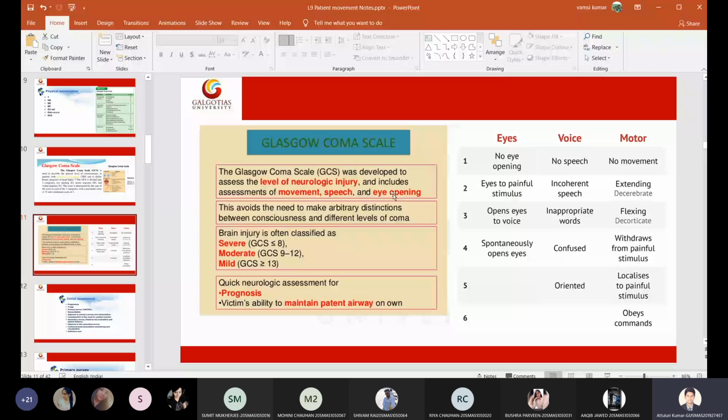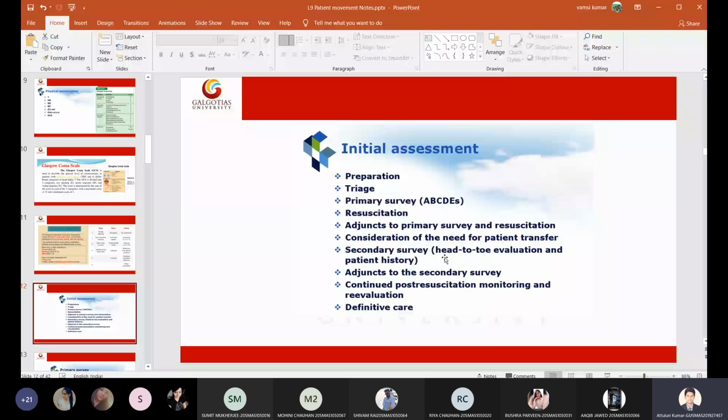Then after that we need to do the following parameters. We need to prepare for the emergency. We need to assess the triage. We need to see the level of emergency, level 1, 2, 3, 4, 5. We need to do the primary survey of ABCDEs: airway, breathing, circulation, then D. What is this D? Disability, and then exposure of the patient.